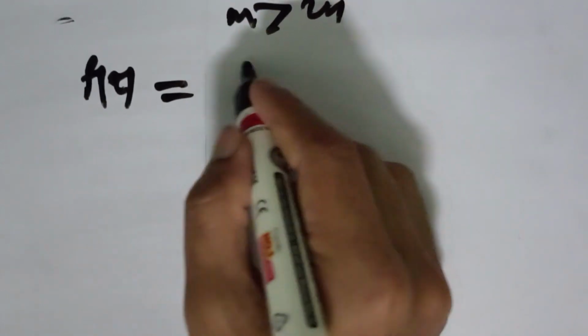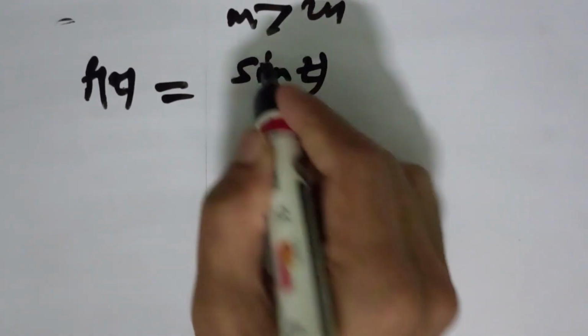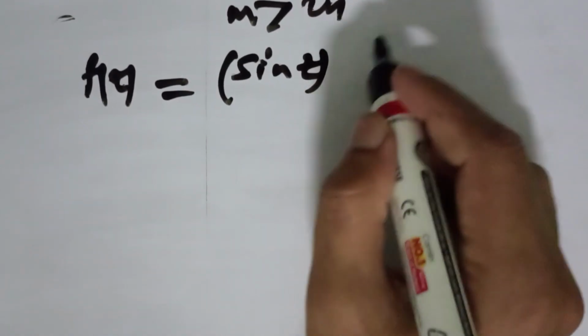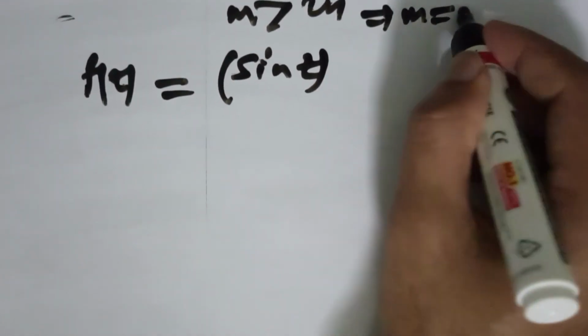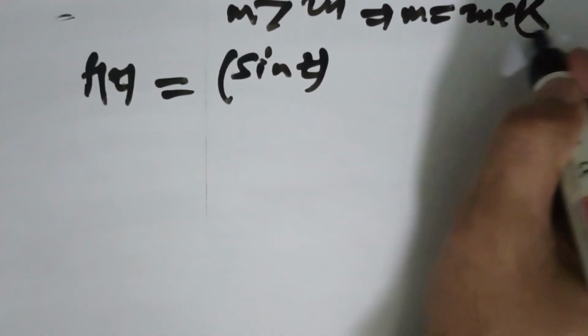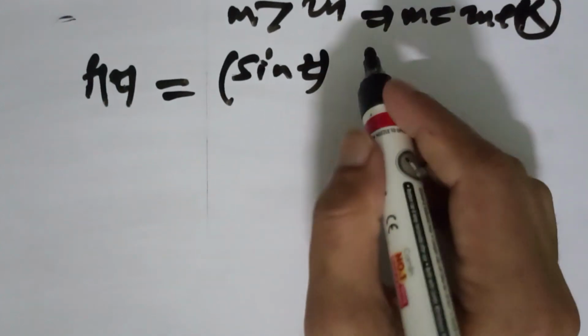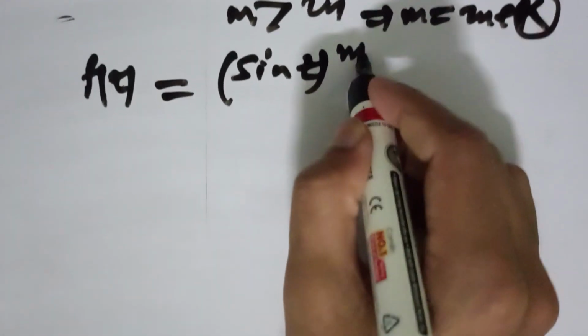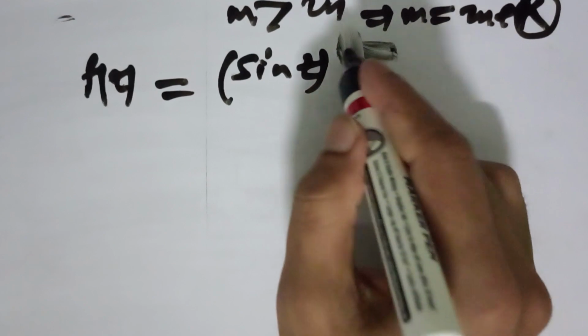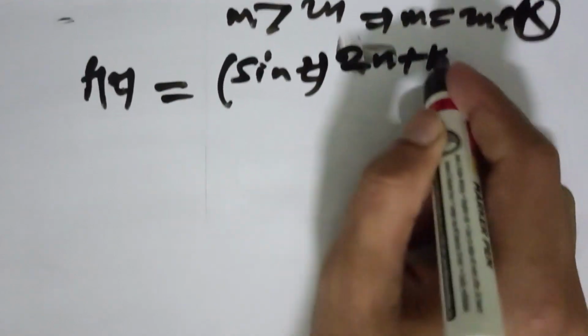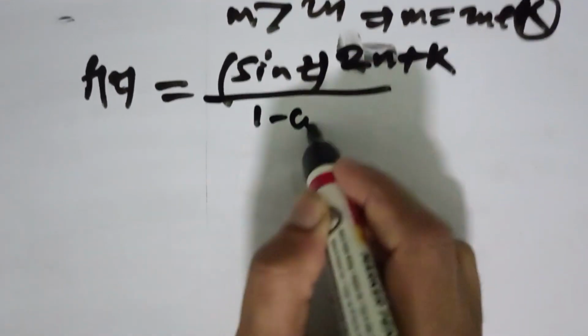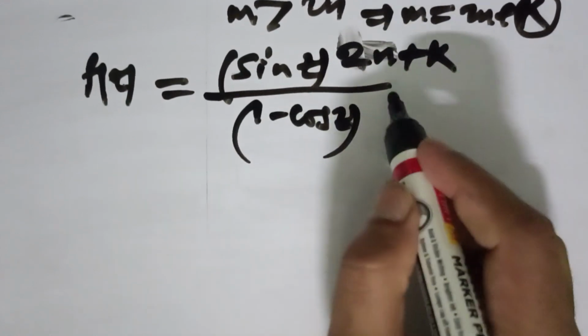So in place of m you can write 2n plus k, and the lower part is cos z to the power n.